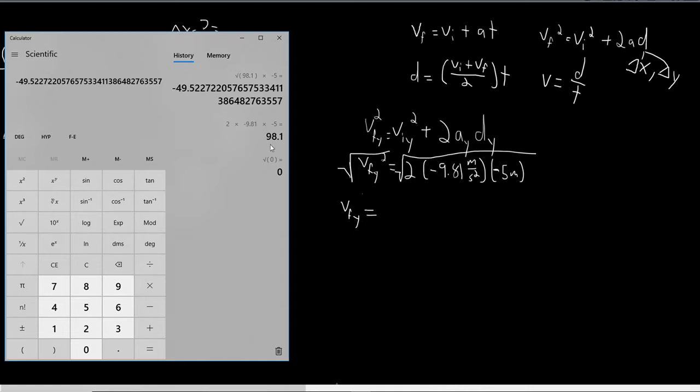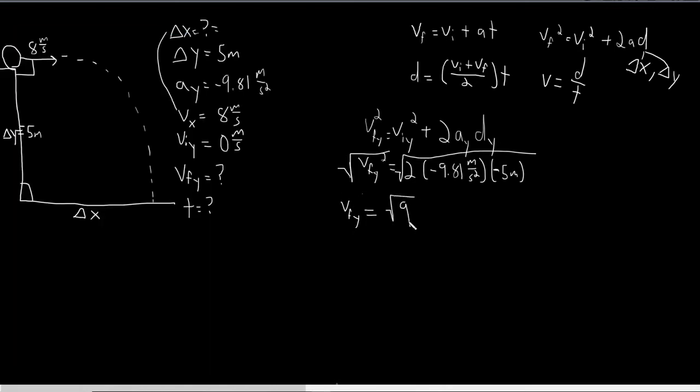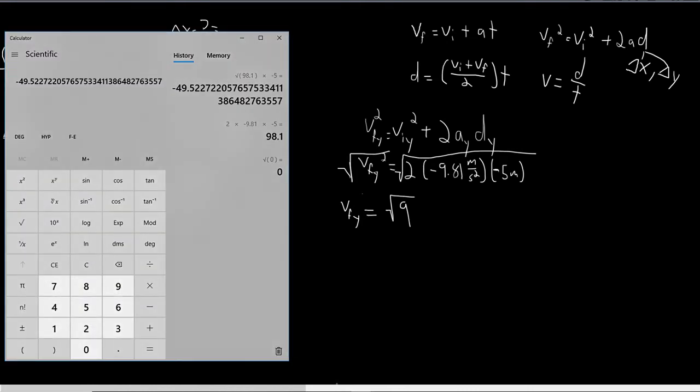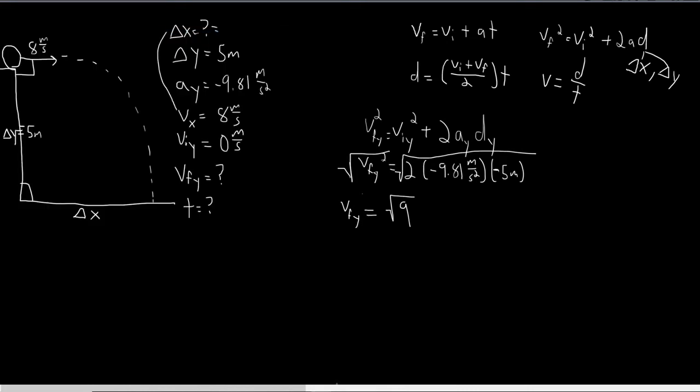Move that decimal over 1. And it's going to be positive when the negatives cancel out. So I'm looking at the square root of 98.1. And if I'm doing the math here, meters times meters is meters squared over seconds squared.